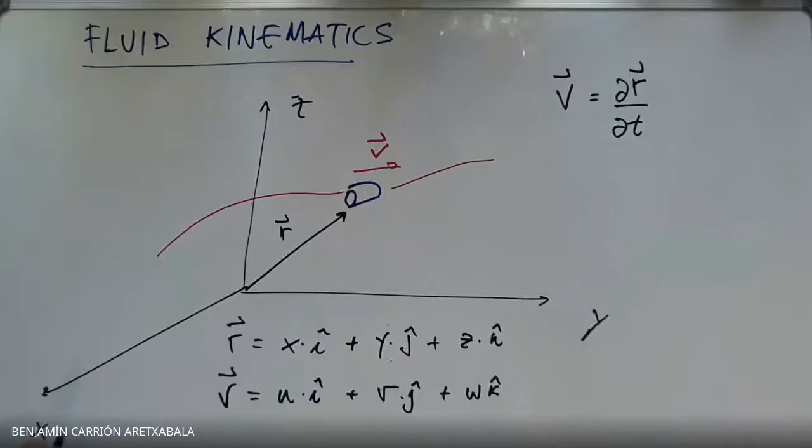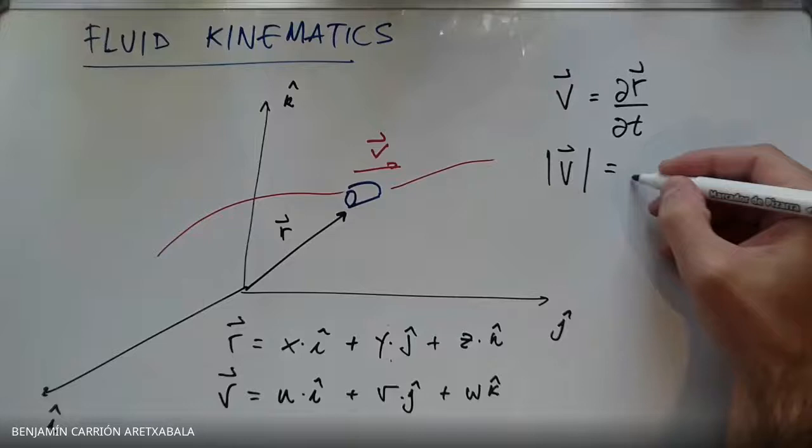So u is actually the derivative of this value x. Let me just rewrite this to be consistent. So this we're going to call x, y, and z, and these are going to be the axes.